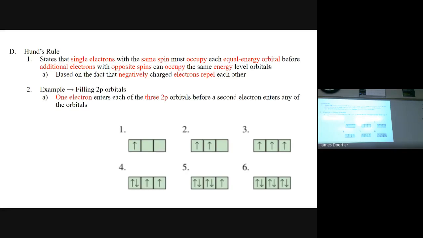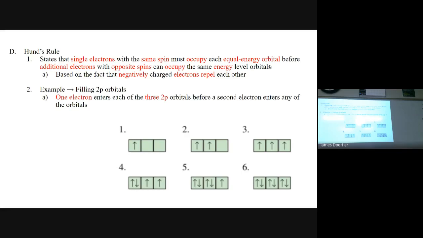Okay. So here's an example. If we are constructing an orbital box diagram, and we are trying to fill a 2p orbital. So if you look here, we're trying to fill the neon 2p orbital. Neon is going to have how many electrons in the p orbital?